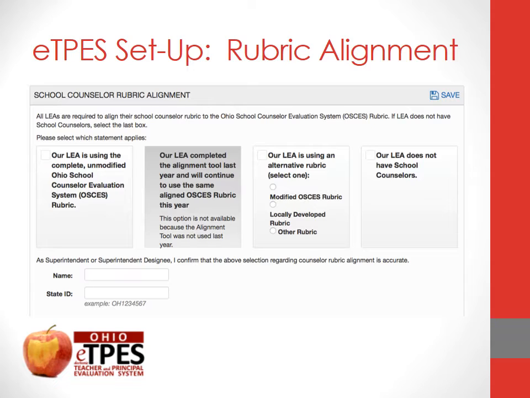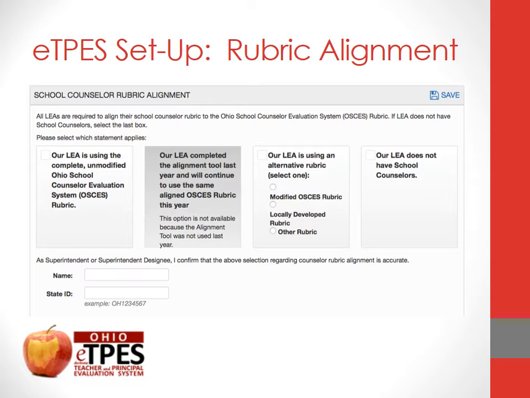As stated before, districts will need to choose if they're going to use unmodified rubrics for teacher, principal, and school counselor evaluation. If the district has used a modified rubric in the past, they will have an available choice to continue to use the modified rubric that was aligned previously.